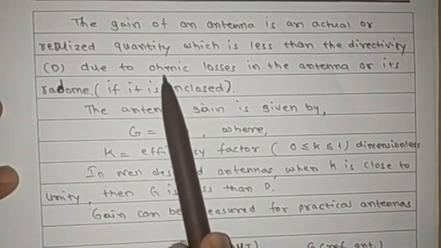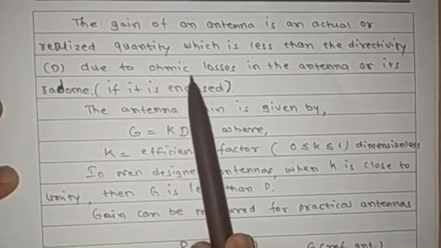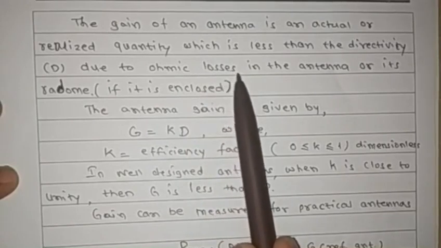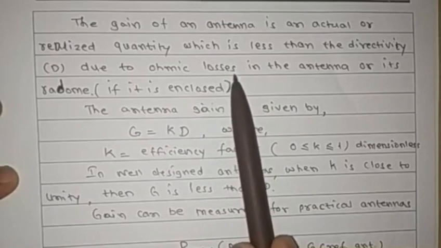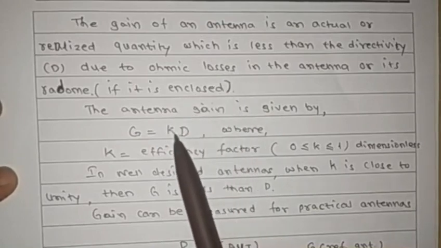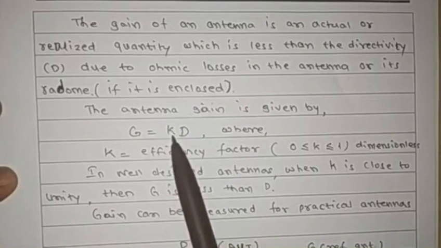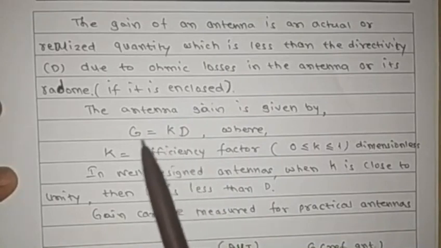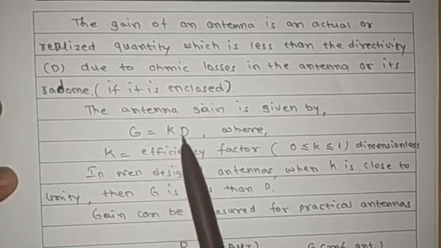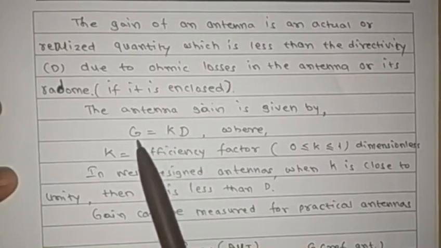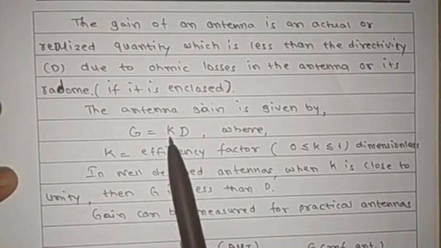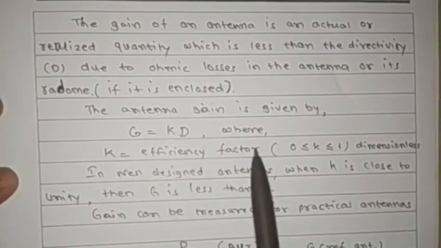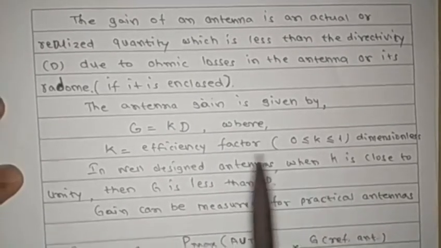Because an antenna is a metallic structure, there are losses related to ohmic conditions, and there is also loss related to reflection, which is called radiation loss. So if we take into consideration the losses, the efficiency multiplied by directivity is called gain. So this equation can also be put in words like this: gain of an antenna is defined as how efficient an antenna is in the given direction. Efficiency is always between 0 and 1, which is 0 to 100%.